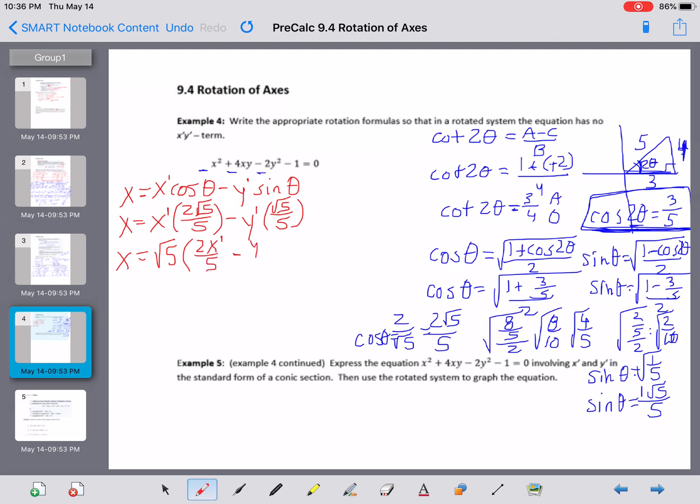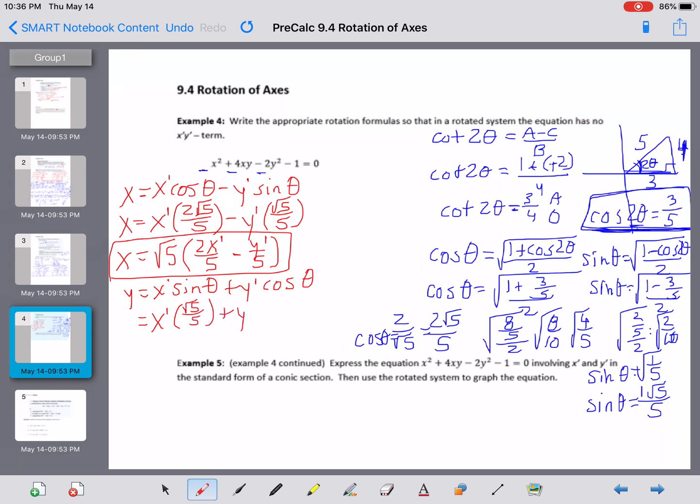So similarly, let's do my y. For y, don't forget the formula is x prime sine theta plus y prime cosine theta. So using these values we have x prime times the sine of theta, which is radical 5 over 5, plus y prime times the cosine of theta, which is 2 radical 5 over 5.